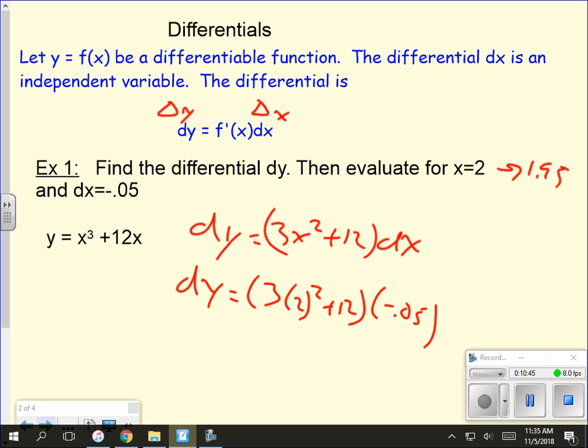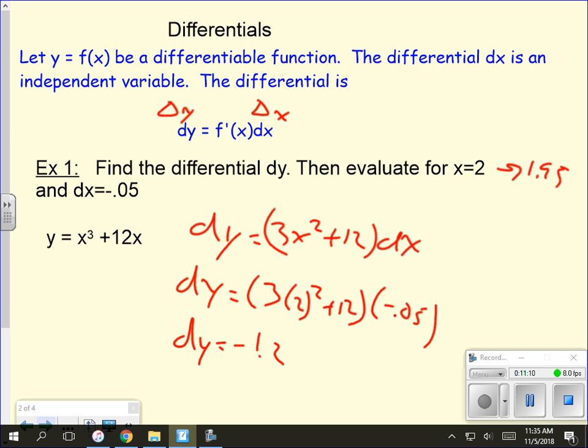Because 2 squared is 4, 4 times 3 is 12, 12 plus 12 is 24, so 24 times negative 0.05. So what is dy? Negative 1.2. That's all that is.